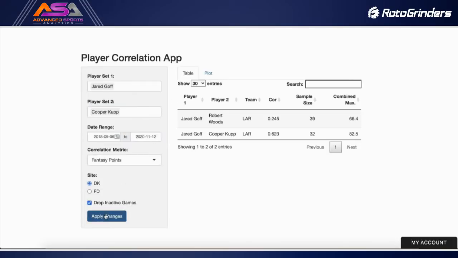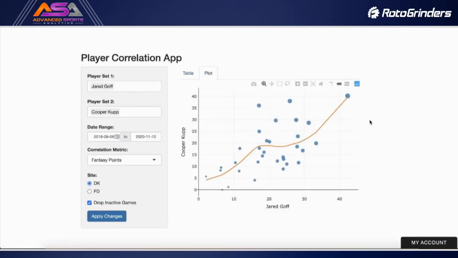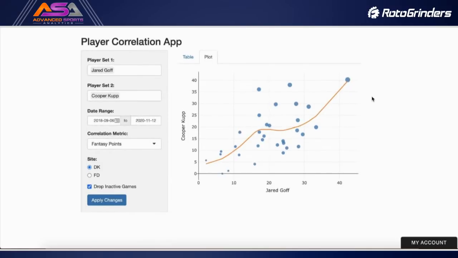So we added this plot tab that allows you to view the different data points of each week and the combined or coordinate outputs of these different players.